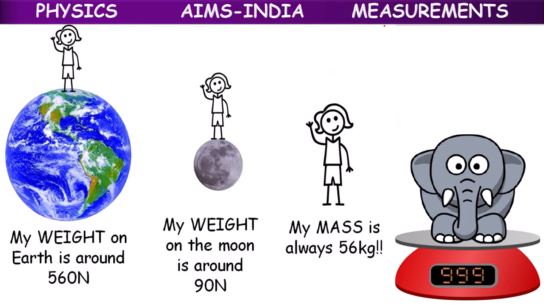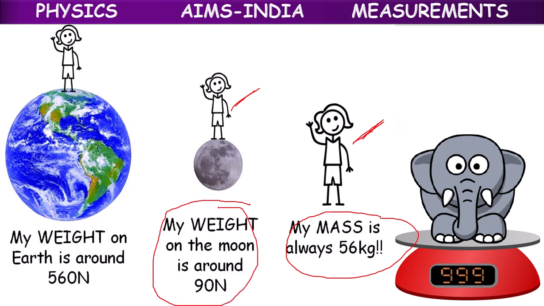Suppose this girl is telling, my mass is always 56 kg. Or this girl is telling, my weight on the moon is around 90 newtons. Same girl, my weight on earth is around 560 newtons. Same girl is giving three different types of statements.